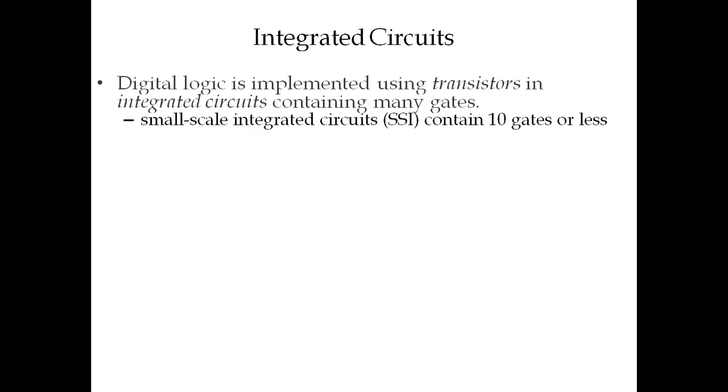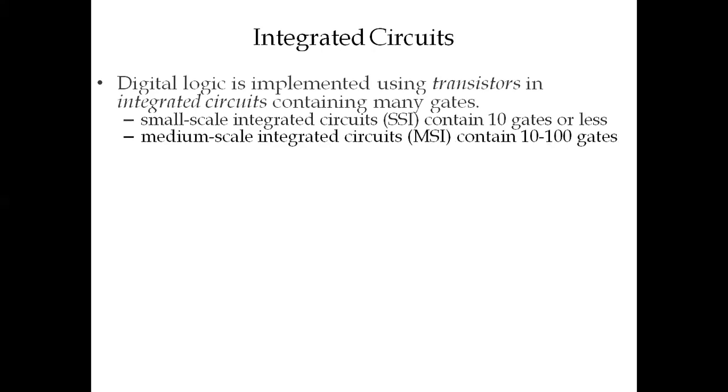What are the examples of such integrated circuits or chips? That is nothing but a simple NAND gate chip, OR gate chip, AND gate chip: 7410, 7400, 7402. All these are classified as small scale integrated circuits.